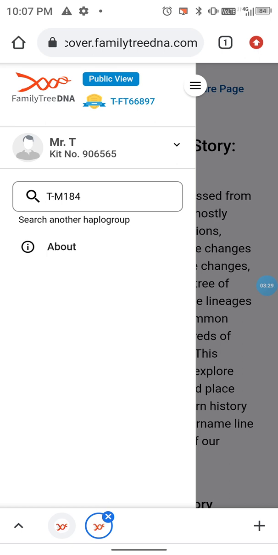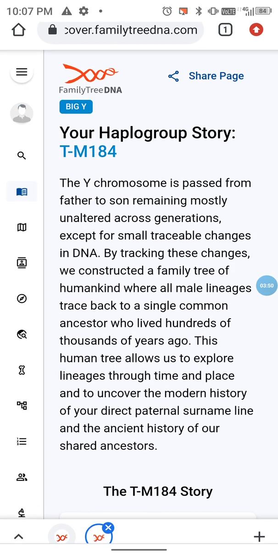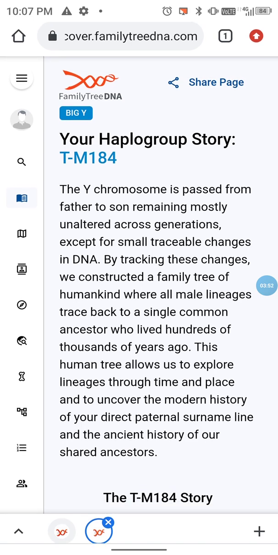So if you test at FTDNA and you happen to be Y haplogroup T, wherever you land on the tree, whatever branch you land on, every single person in every single branch has that most basal mutation, which is T-M184.